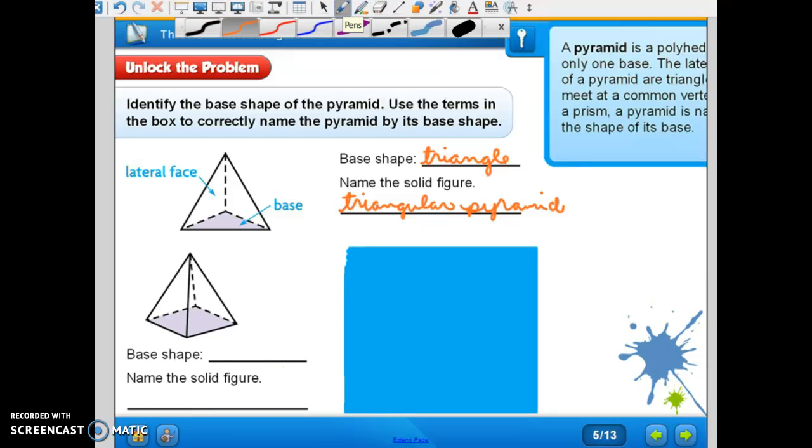Here we go. Let's look at the base of this. How many sides does it have? Four of them. We're not ever going to have a cube pyramid. So rectangle, and so it's going to be a rectangular pyramid or a square pyramid.